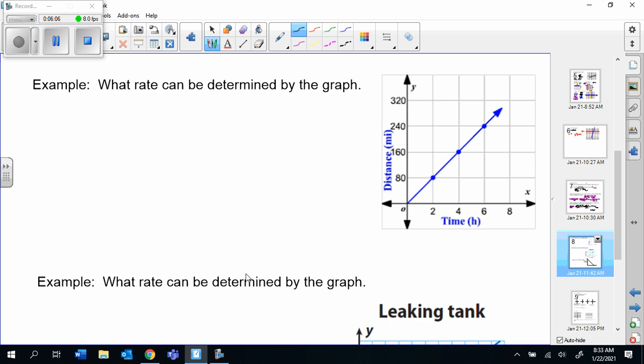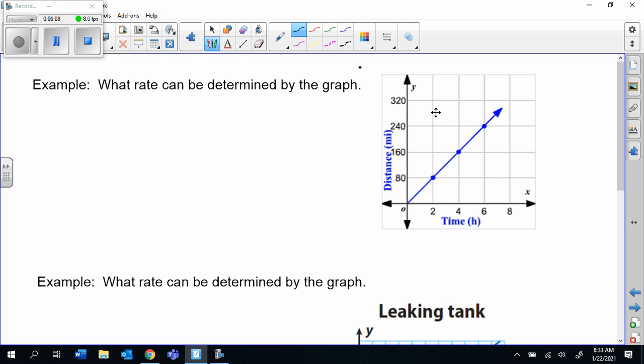We can also take our rates from a graph. And so you have a couple of options. We can count out the coordinates, or we can just count up and over and figure out the rate of increase here, since we already know how to graph using slope-intercept. So if I go from this point to this point, looks like I went up from 80 to 160.